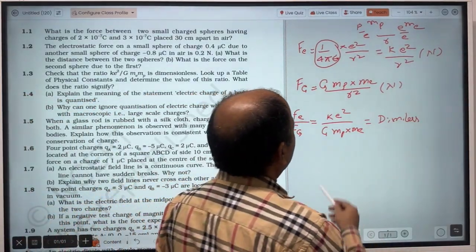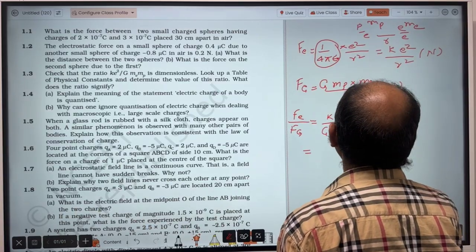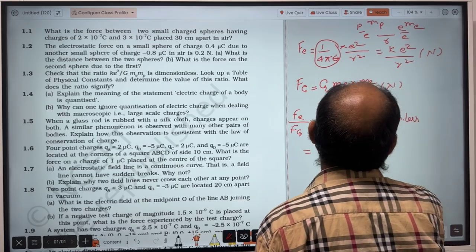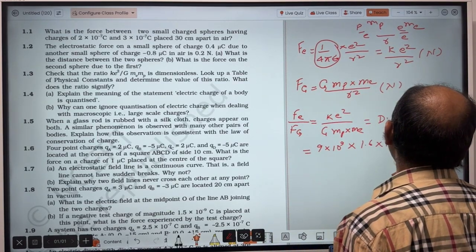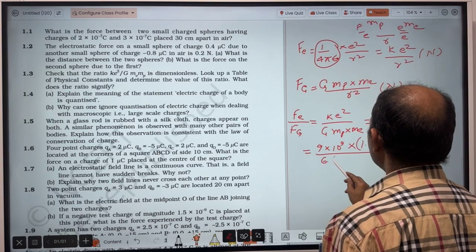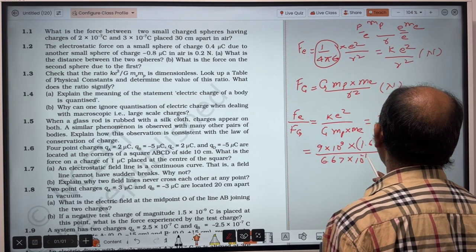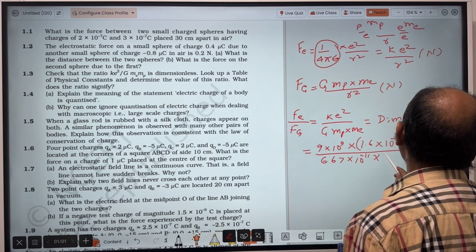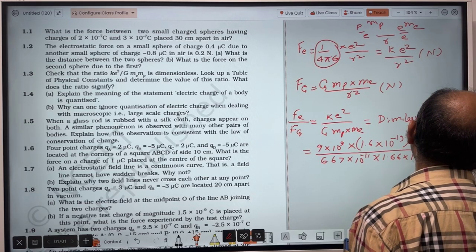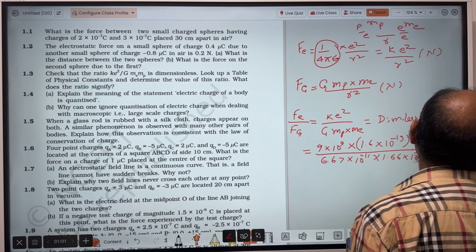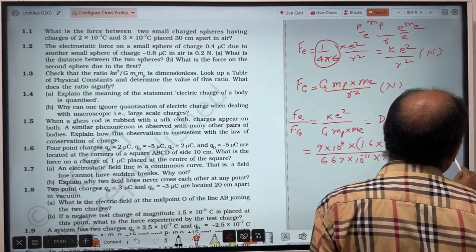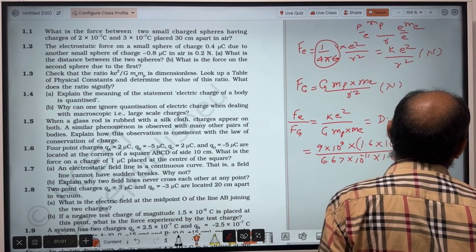Let's see, if we put in the values: K is 9 into 10 to the power 9, into the electronic charge squared, 1.6 into 10 to the power minus 19 whole squared, divided by G, 6.67 into 10 to the power minus 11, times the mass of proton, 1.66 into 10 to the power minus 27, multiplied by the mass of electron, 9.1 into 10 to the power minus 31.